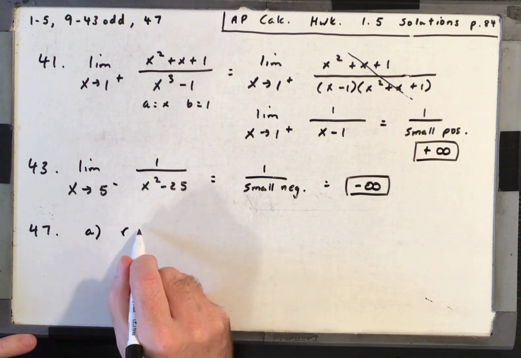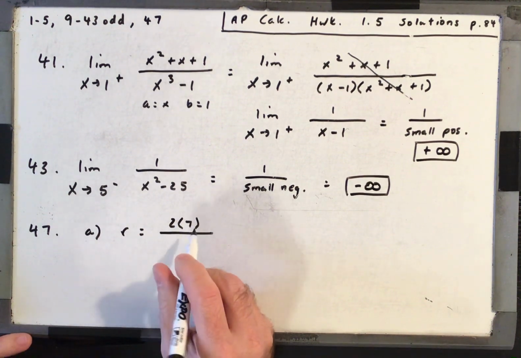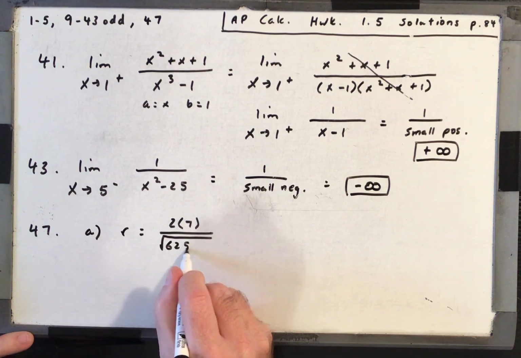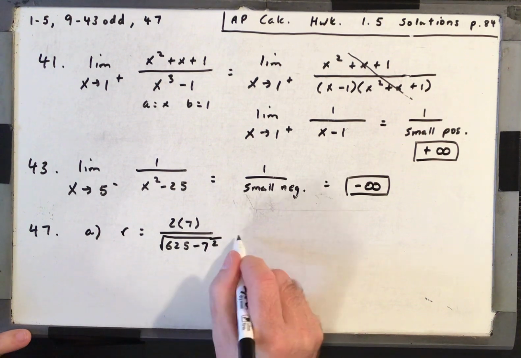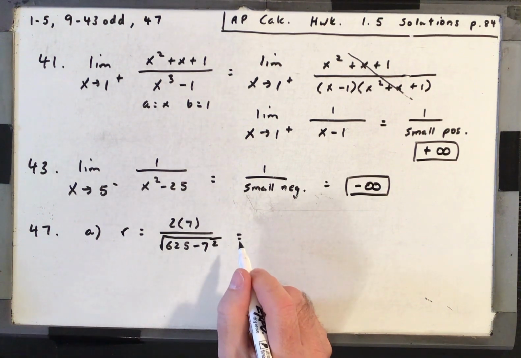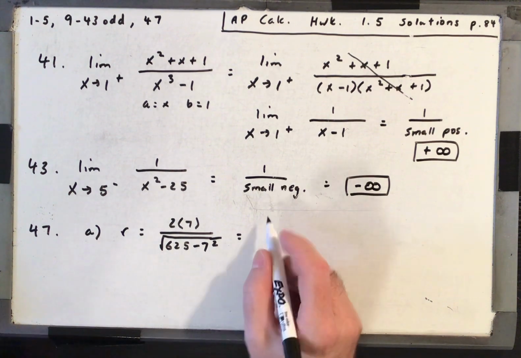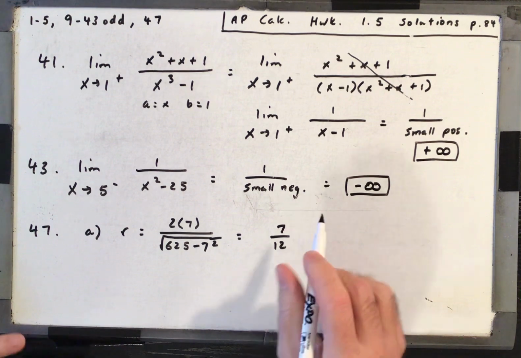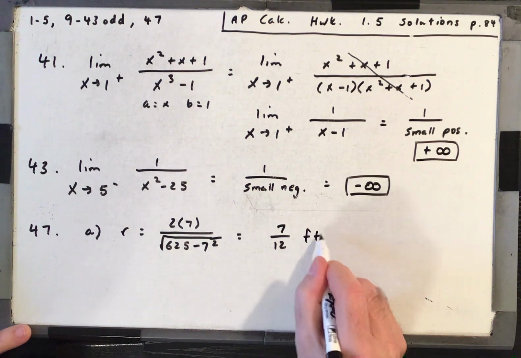So the rate is equal to 2 times 7 over the square root of 625 minus 7 squared. All right, and that's going to end up being 7 over 12 if you reduce it, or whatever the decimal version of that is, in feet per second.